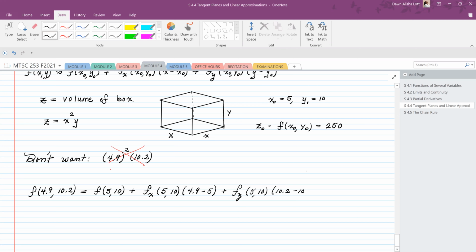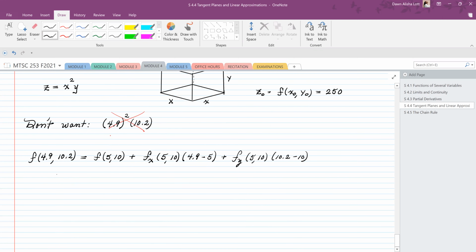That's what they want. So F sub X is 2XY.